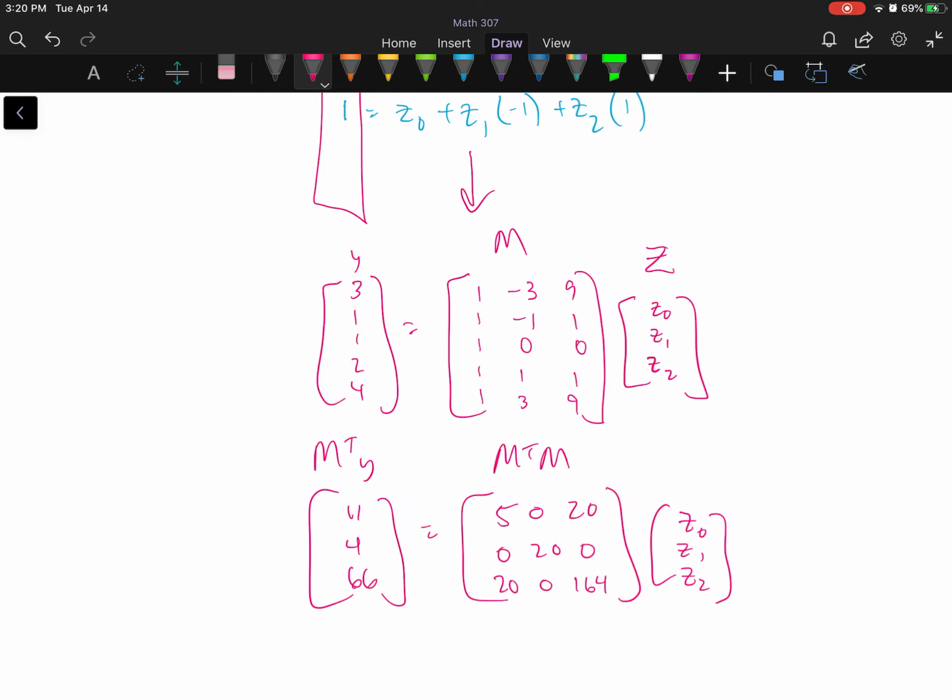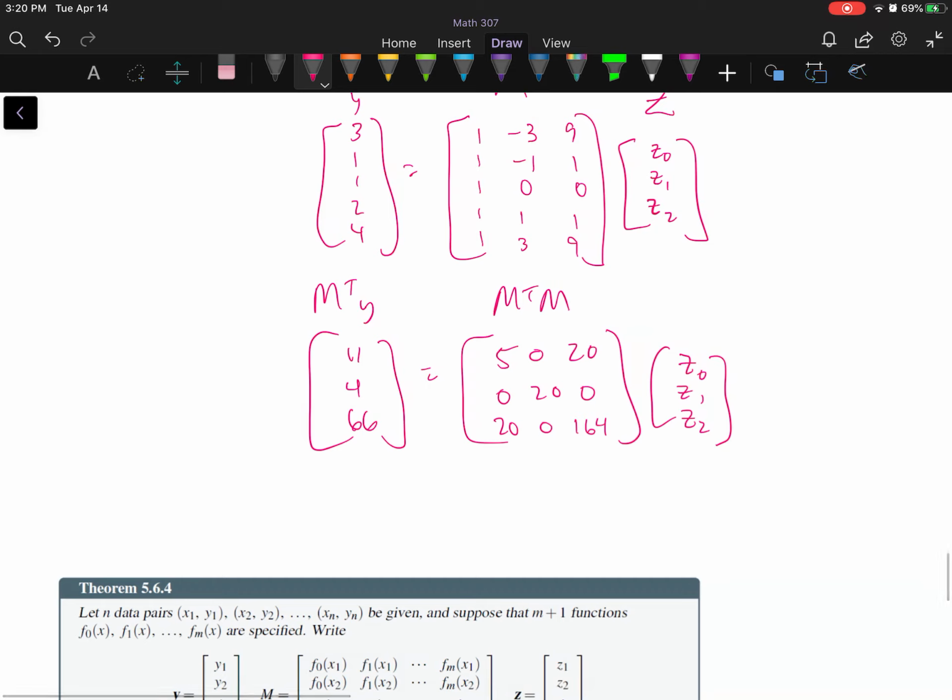And so solving that, doing an augmented matrix, then row reduction, gets you the least squares solution that I kind of already showed you. The vector z looks like 1.15, 0.2, and 0.26.